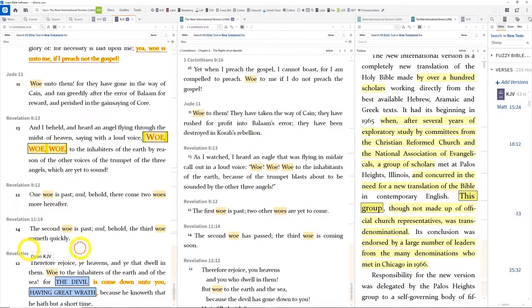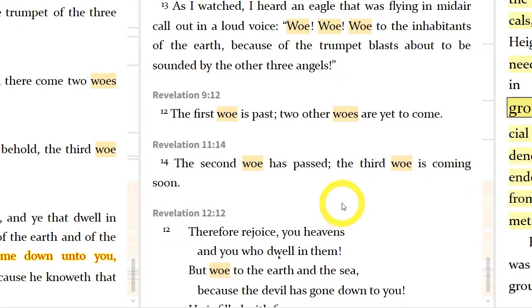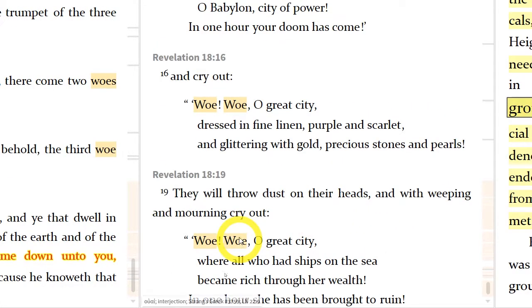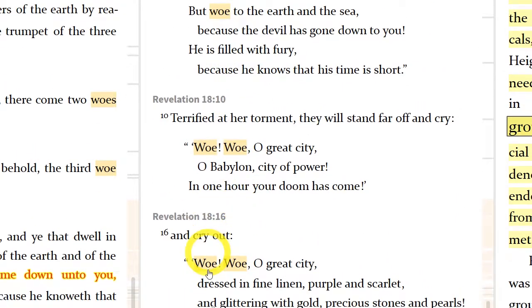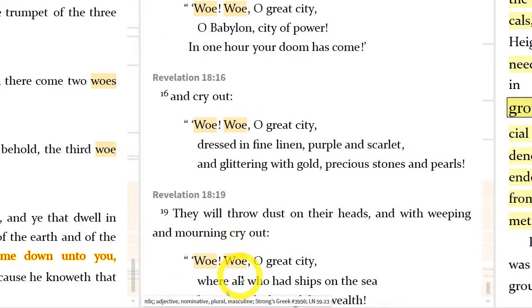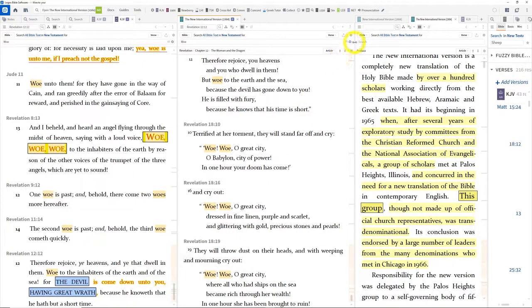Revelation chapter 12, verse 12, and that's the last woe. But over here in the NIV, it just keeps on going. It adds woe quite a few more times, I mean, like 6 more times. So it makes up for the ones that it took off by just simply translating a different word like alas into woe. So you get the number up here, but it is still missing.